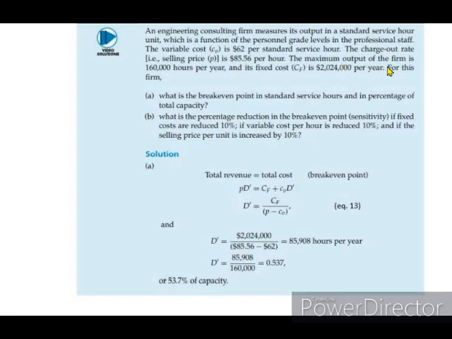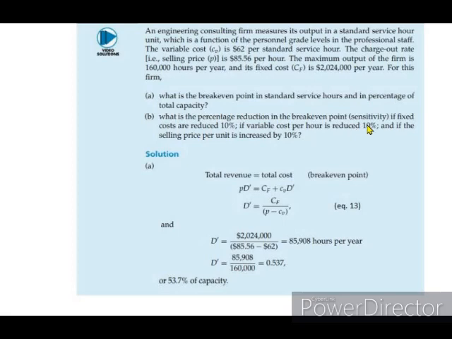The maximum output of the firm is 160,000 hours per year, so we divide it. We have 0.537, or 53.7% of the capacity.